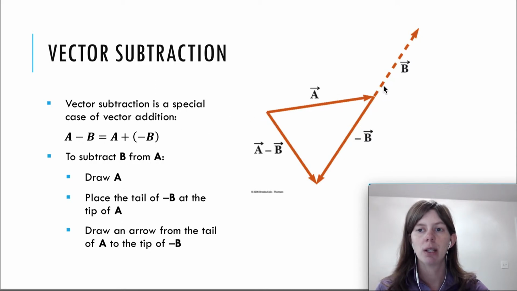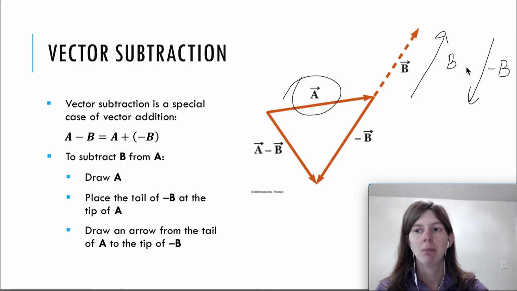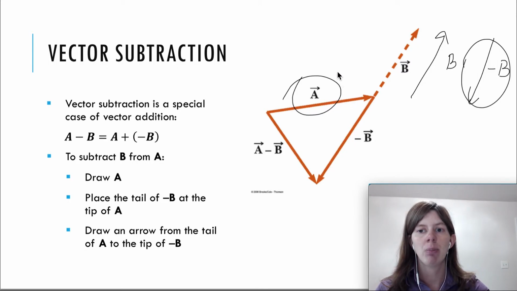So in this picture here, the original vector B was going this way. That means that vector negative B is going in the opposite direction. If we're trying to do A minus B, we're going to add vector A plus vector negative B, and that's what's shown in this diagram. We start with vector A, and then we place the tail of negative B at the tip of vector A, right here, going down here.